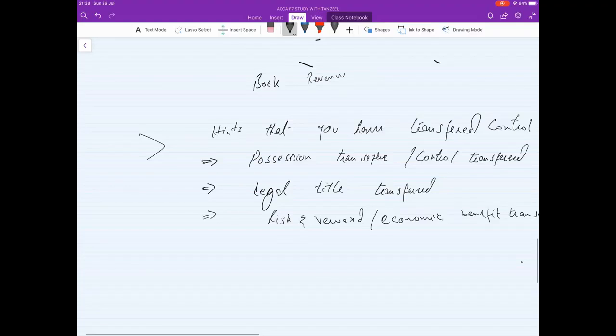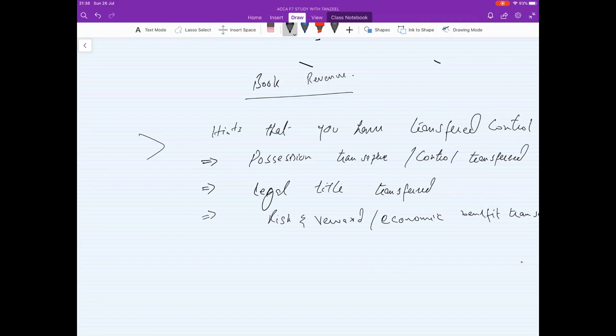And how will we book it? Anything which we have already given, which we have no right on. For example, you buy a car from me and I give you the car. It means I have given you the control, and you are going to take the economic benefit out of the car.